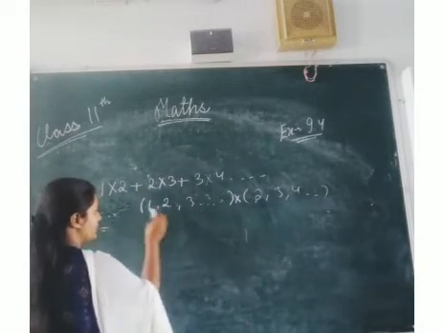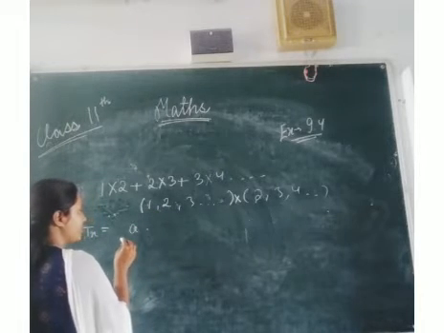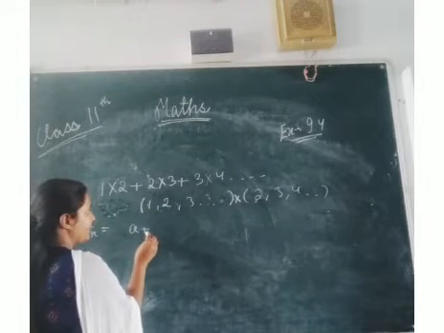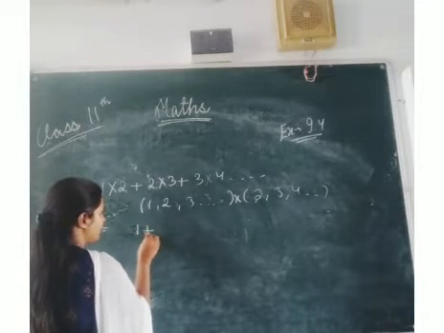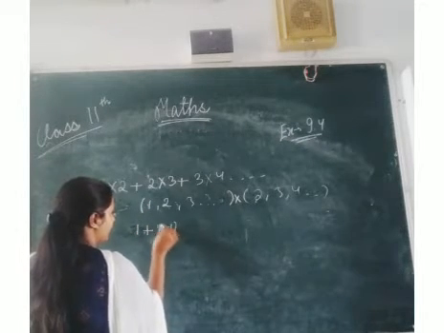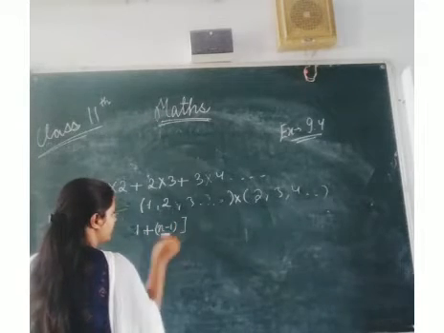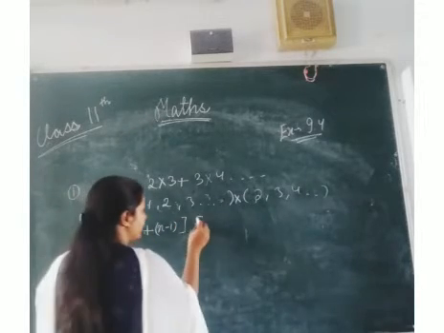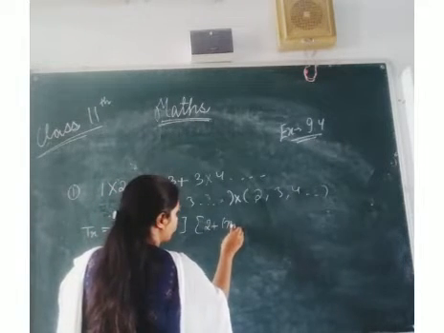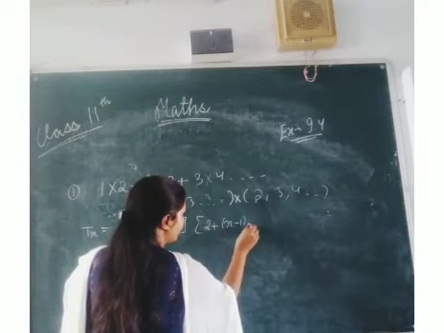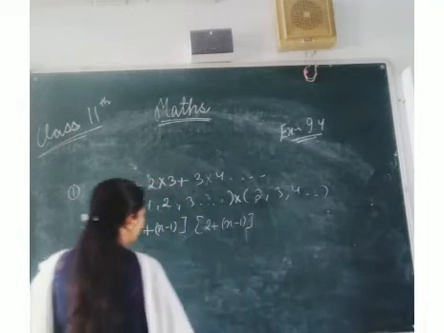For the first sequence, the first term is a, and the nth term formula is a plus n minus 1 d. Here a equals 1, so 1 plus n minus 1 into d, and the value of d is also 1. Similarly, in the second bracket we have 2 plus n minus 1 into d, where d is again 1.